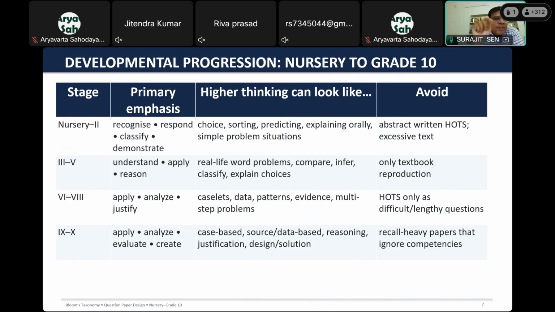For example, nursery to class two. The primary emphasis will be to see whether the children can recognize the matter, respond to it, and even do a little bit of classification and demonstration. Let's take a simple example of a grade nursery question.